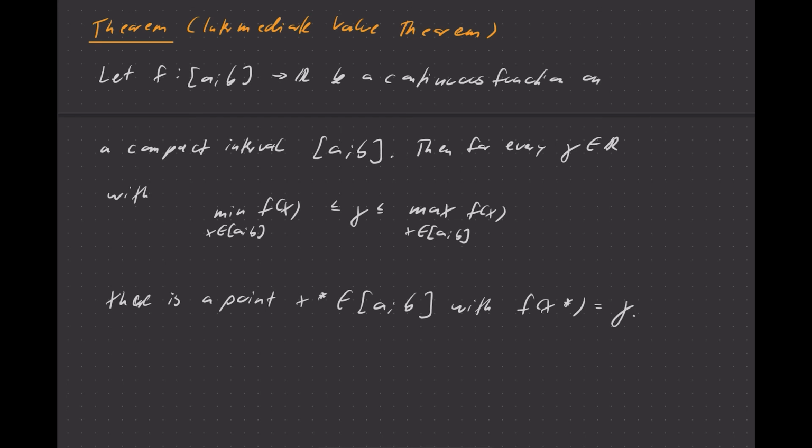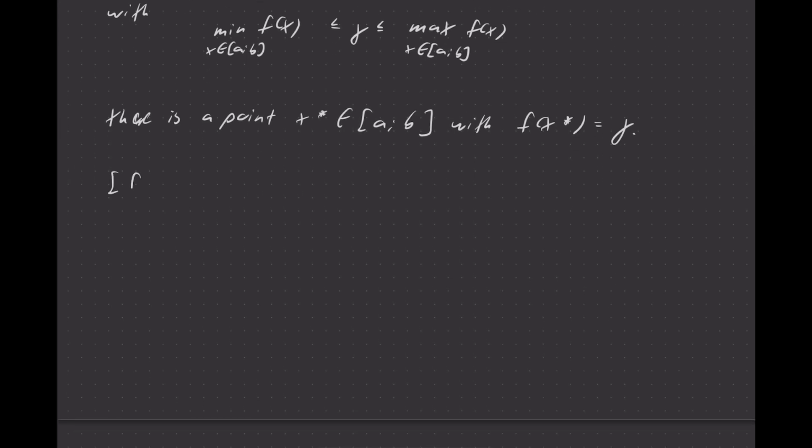So basically, if we know the minimum and the maximum of a continuous function, then we know the image of that function. For non-continuous functions, that may not be the case. Okay, so in other words, f attains all intermediate values between minimum and maximum.